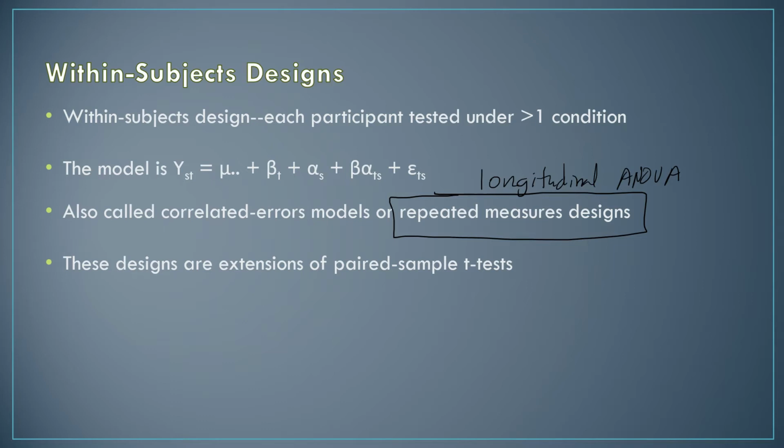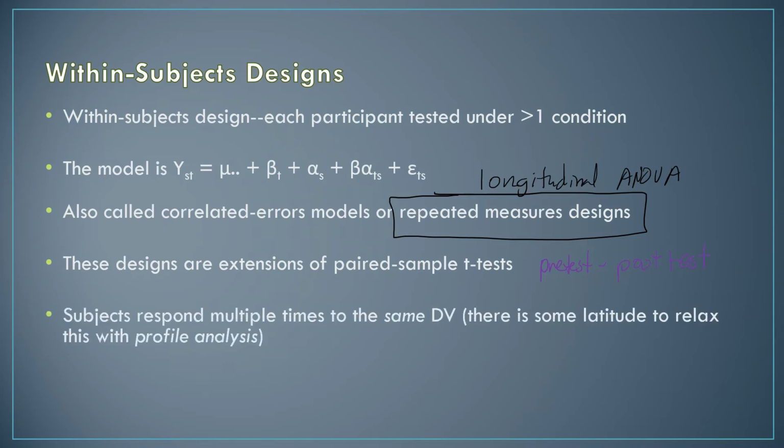Whereas with the within subjects design, it's like a paired sample t-test, which we use for a pre-test, post-test comparison. And this is where every participant is in both groups. It's both in the pretest and in the post-test. But now we have 3 or more of these groups to be able to do this within subjects designs ANOVA.